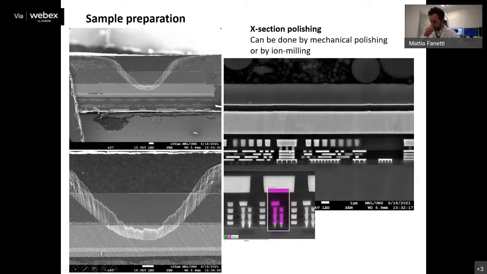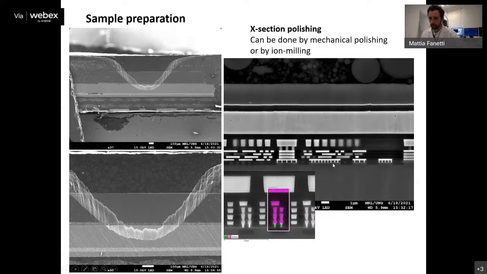If you do it properly, you have a very high resolution and you can image the details of the IC circuit down to a resolution of a few nanometers. But to have this, you have to do a cross-section polishing very, very flat. Otherwise you cannot. And then you can also do EDX to understand which elements are there, but this I will explain later.